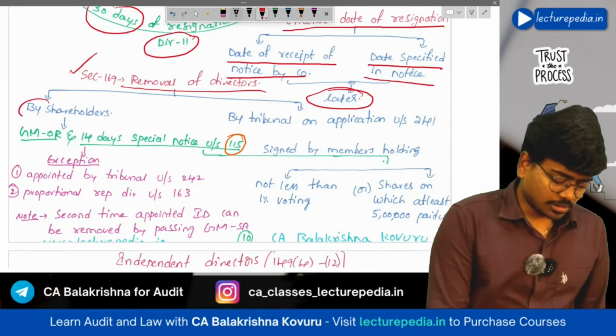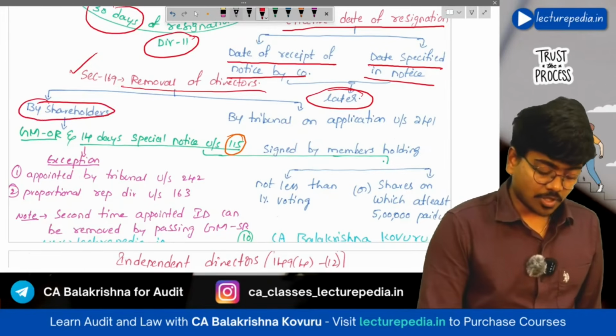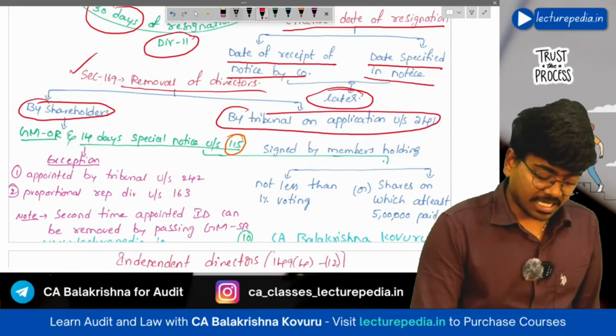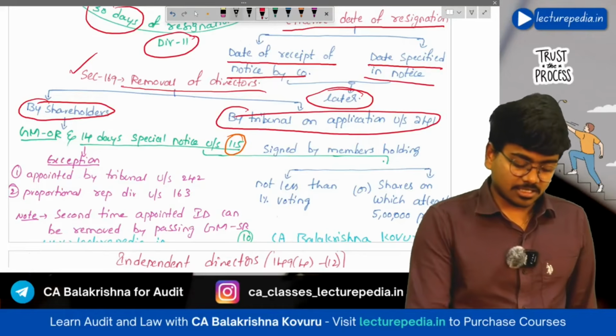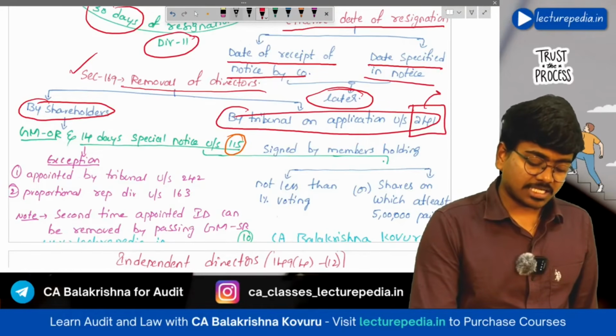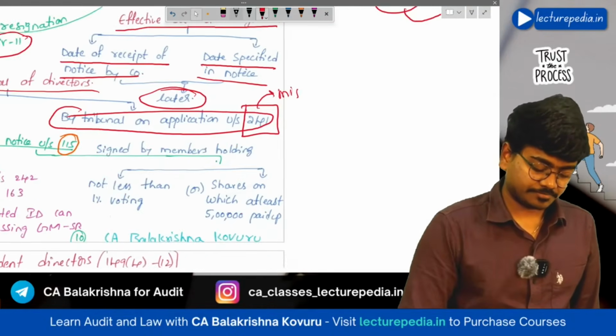A director can be removed either by shareholders or by the Tribunal on application under section 241. Section 241 is application for mismanagement.